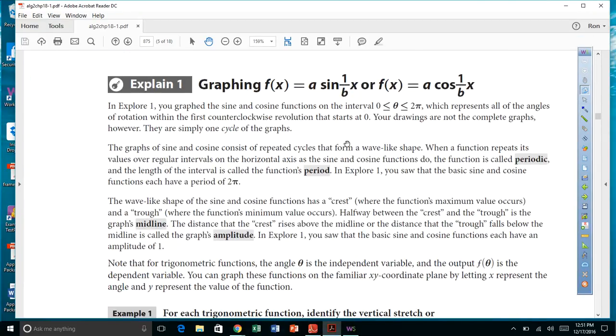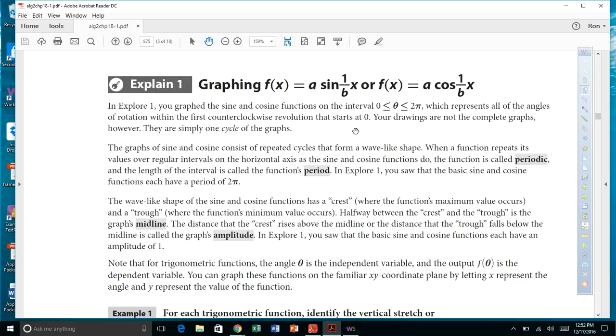Graphing f of x equals a times sine 1 over b x, or f of x equals a times cosine 1 over b x. In Explore 1, you graph the sine and cosine functions on the interval from 0 less than or equal to theta less than or equal to 2 pi, which represents all of the angles of rotation within the first counterclockwise revolution that starts at 0.